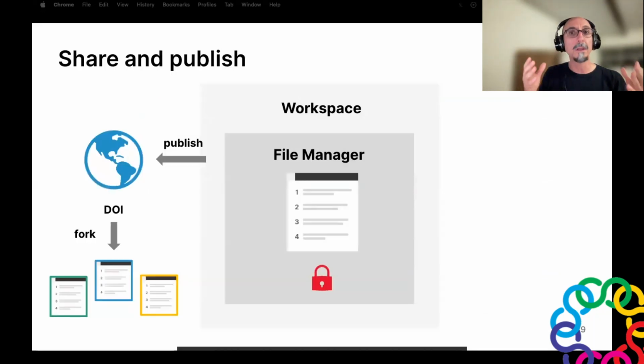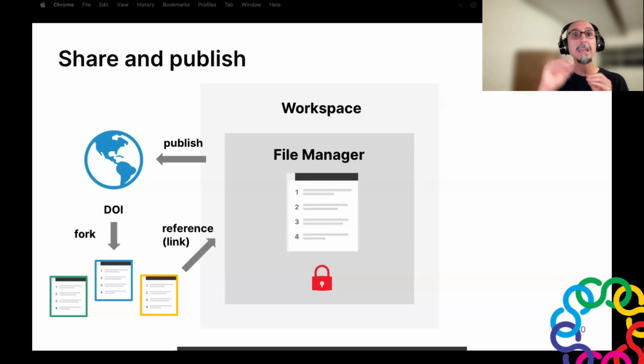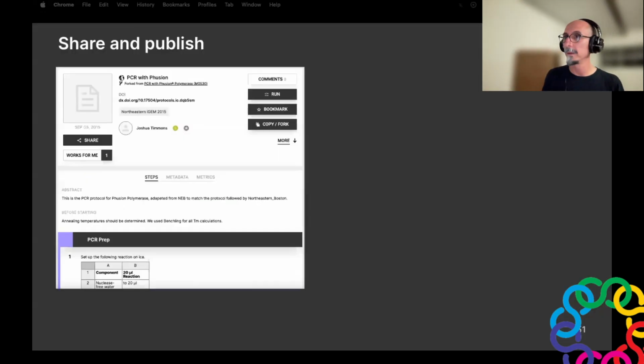Once a protocol is published, it becomes a template. Any reader can create their own editable fork and modify it according to their needs. However, there is a history link that will link any forked protocol to the original copy. So in this example, you see a protocol that is a modified version, an optimized version of a protocol created by somebody else.